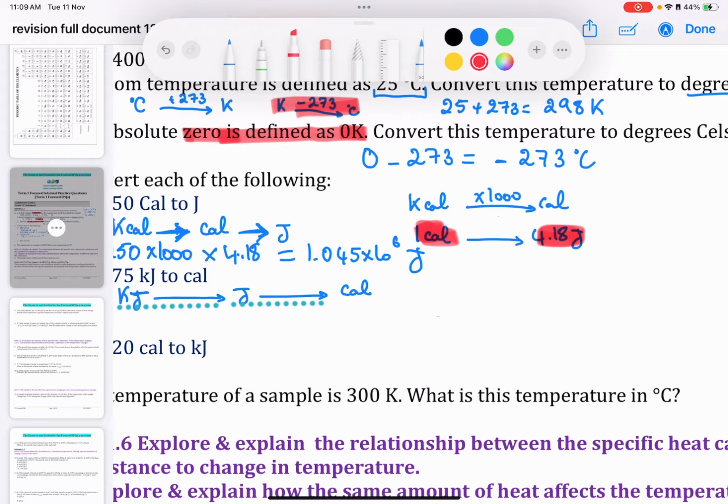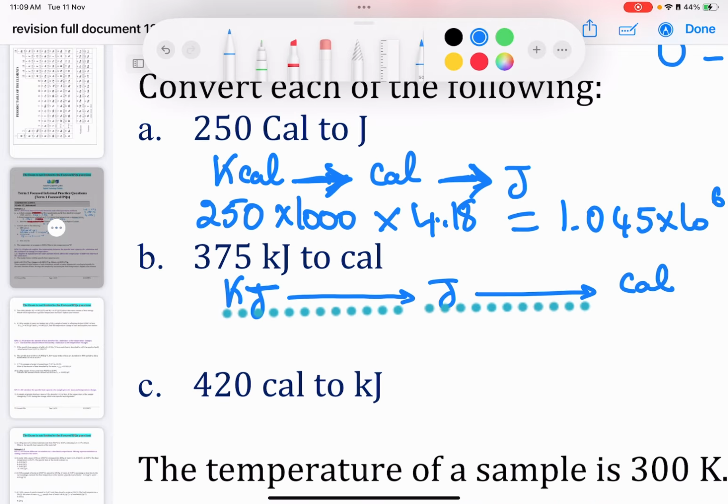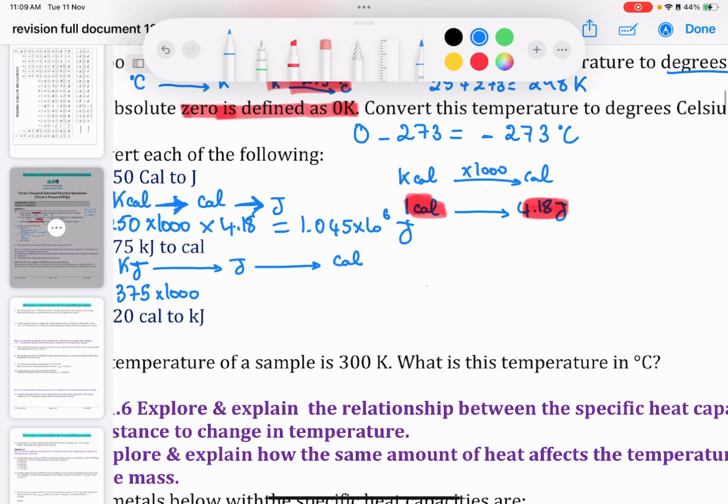So, again, to convert from kilojoules to joules, we multiply by 1,000. And to convert from joules to calories, we divide by 4.18.